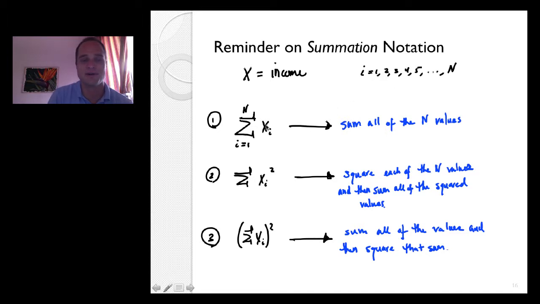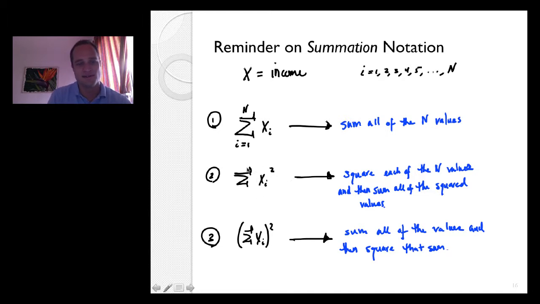Let's say we're talking about a class of 60 students. You'd have student 1, 2, 3, all the way to 60. So capital N would be the population size in that case, 60. And this capital sigma says to sum all of these X values from I equals 1 at the bottom to N at the top. So this just says sum everyone in that data set.